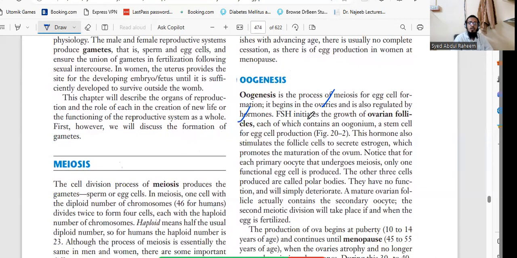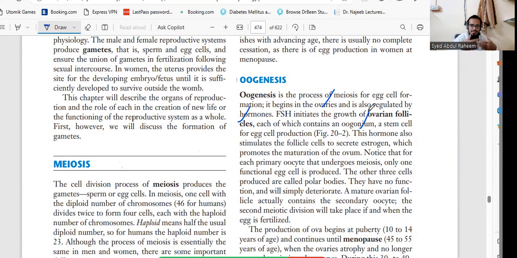So here also FSH hormone is working. FSH hormone initiates the growth of ovarian follicles, each of which contains an oogonium. So basically, FSH is released from the pituitary gland. Ladies have ovaries. Ovaries will release oogonium, the ovarian follicle.